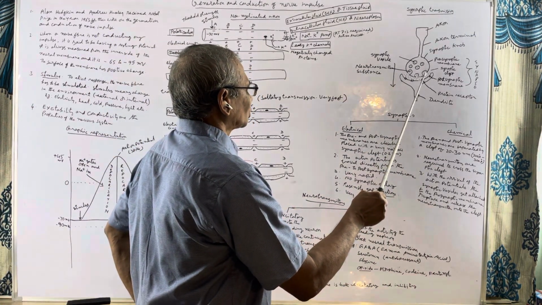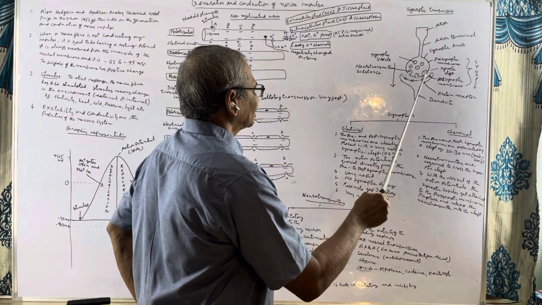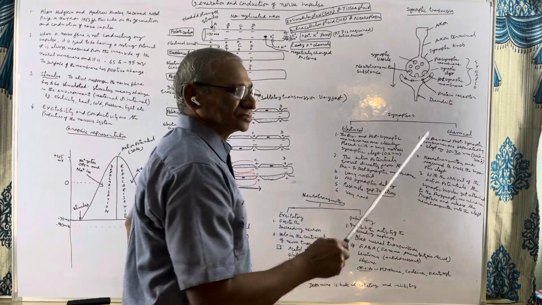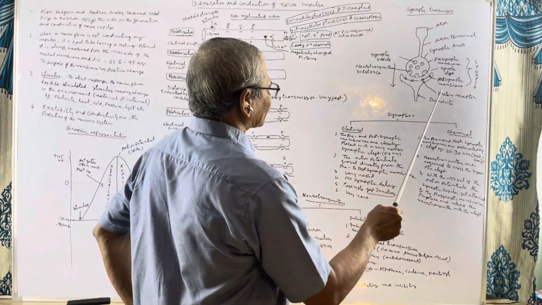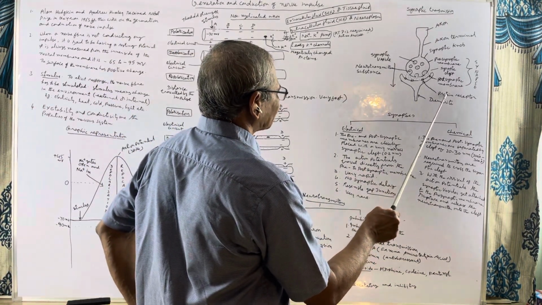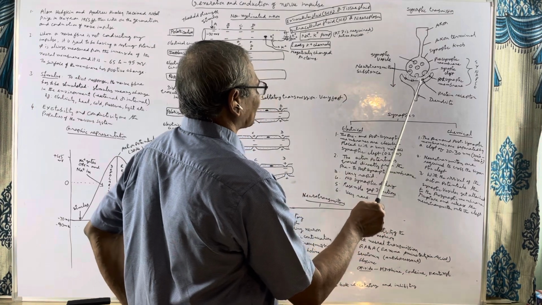So this is the neurotransmitter released into the synaptic cleft. The neurotransmitter acts upon the protein receptors present on the postsynaptic membrane.